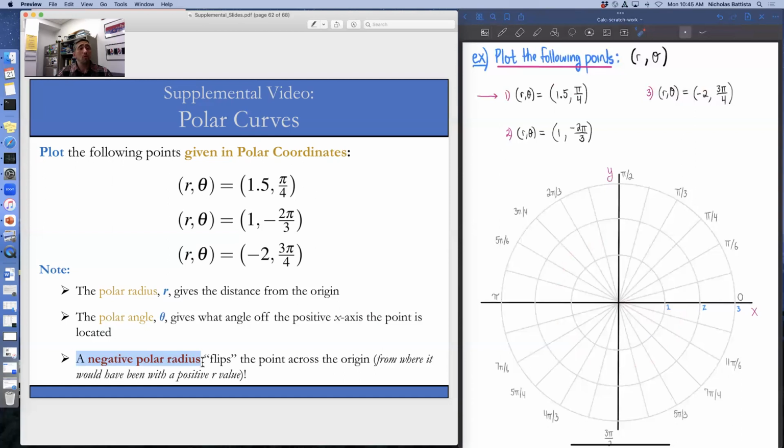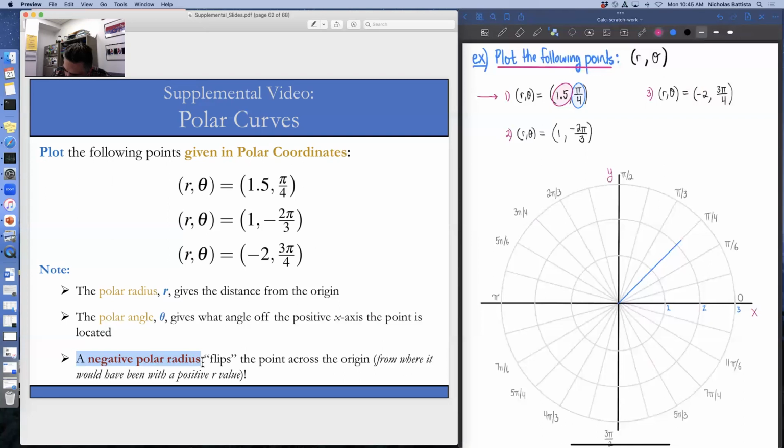Now, the way in which we know what point along this circle to be is we're told a specific angle to move. So let's go ahead and move with that particular case. So we know from this information that we're going to be somewhere along this line, pi over 4, because again, that is what that angle is. But now we're also told what the distance is, 1.5.